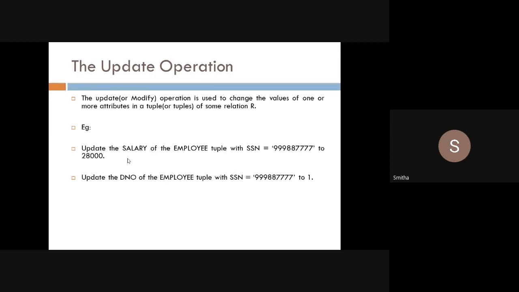Okay, so update the department number of the employee tuple with SSN equal to a particular SSN to 1. Whatever the existing value is will be updated to 1, meaning department number 1. So update the department number of the employee tuple with SSN something to 7. Okay, so it will be updated to 7.